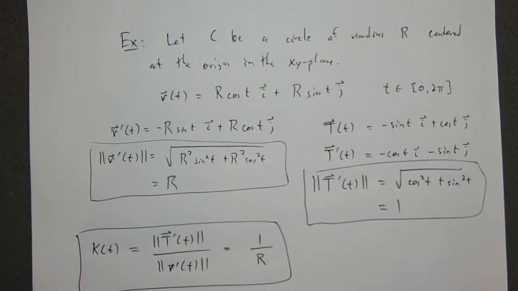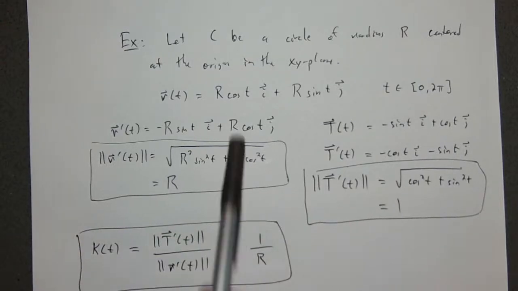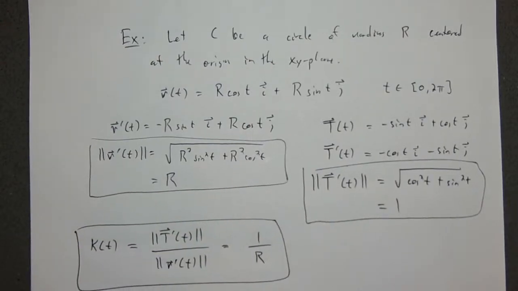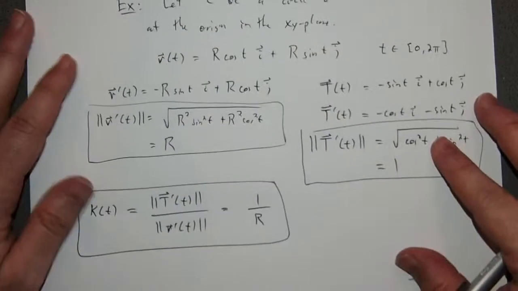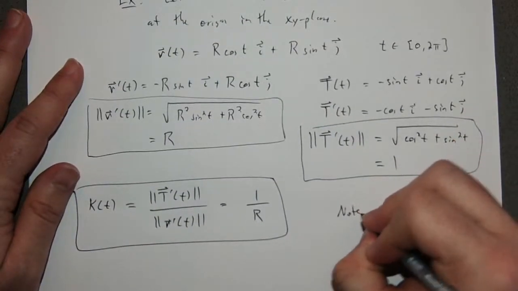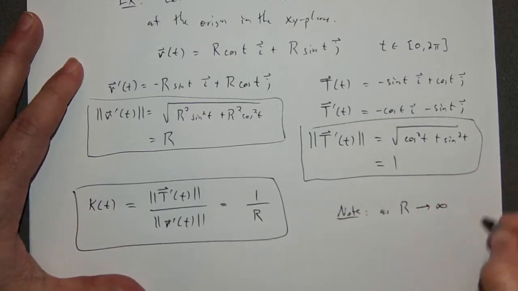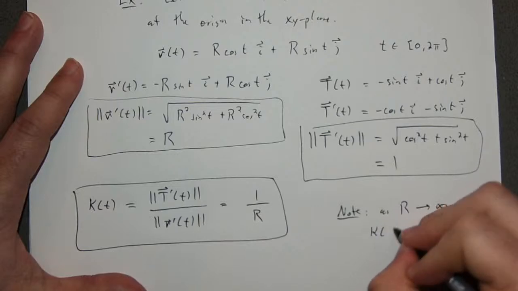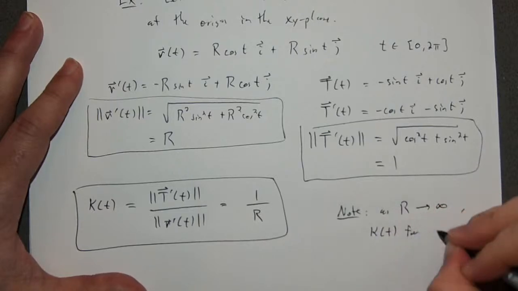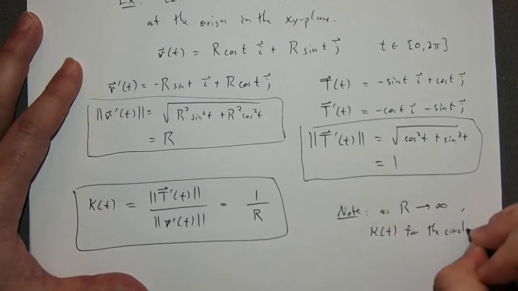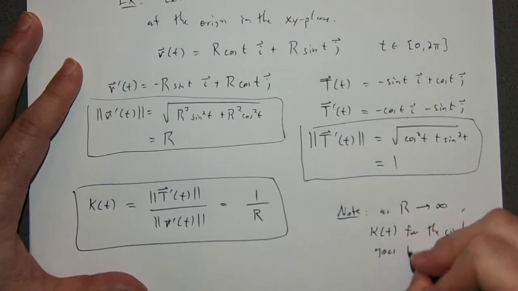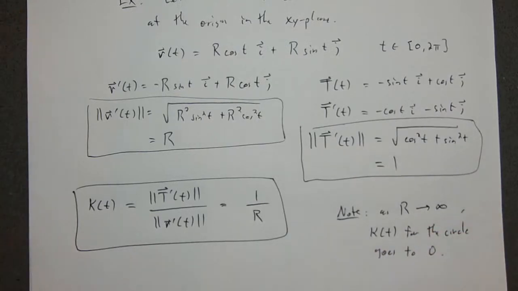So it's constant, but of course circles of different radii have different curvature. Okay. Note this is exactly intuitively what you understand about a circle, right? Note, as r goes to infinity, kappa of t for the circle goes to 0.